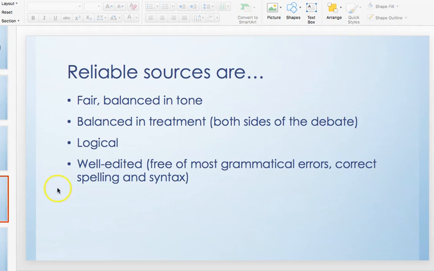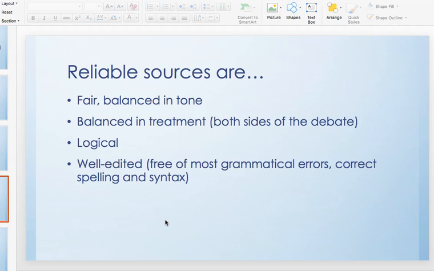And reliable sources are, of course, fair and balanced in tone. Remember, you don't want to use a source that is obviously biased in any way. It is possible for someone to favor one particular side of the argument without being unfair to the other side.